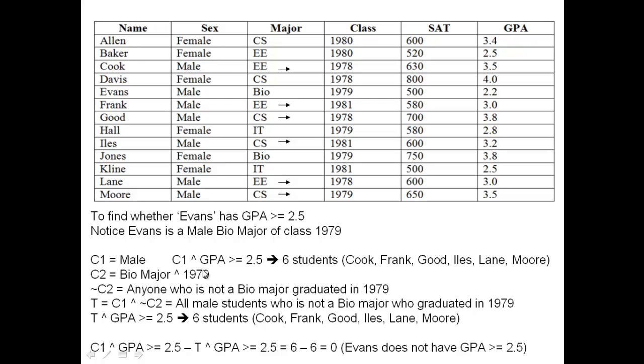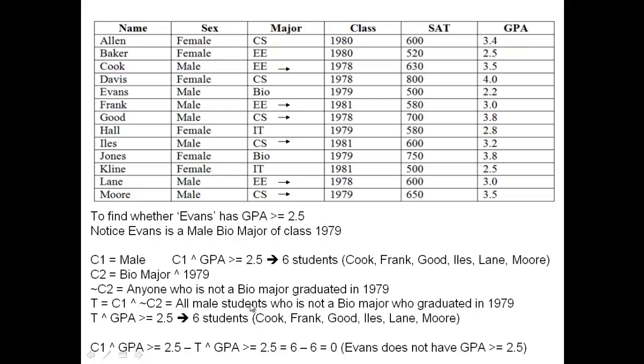So now let's impose a filter, male and GPA of 2.5 or above. So this is a male, 2.5 above GPA, male 2.5 no. This is fine, 3, 3.8, 3.2, 3, 3.5. So there are 6 male students who have a GPA of 2.5 or above. These are the 6 male students. Now on the tracker, impose a GPA of 2.5 or above. So what's the tracker?